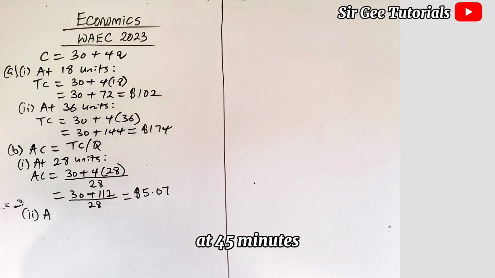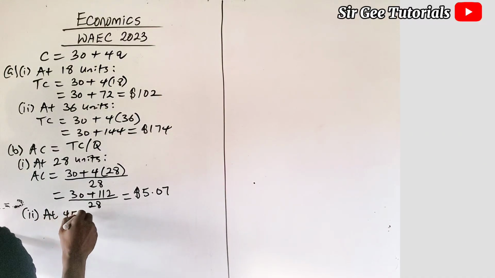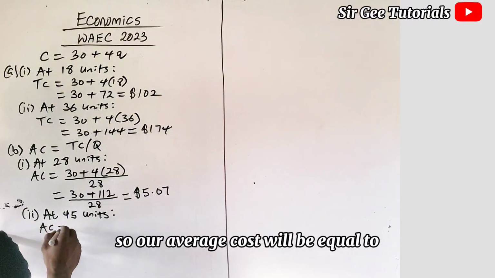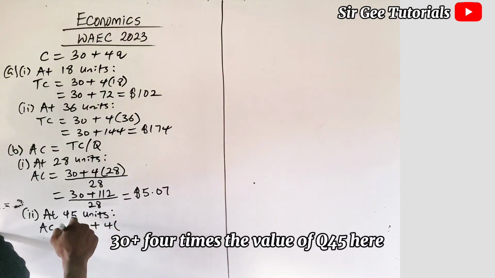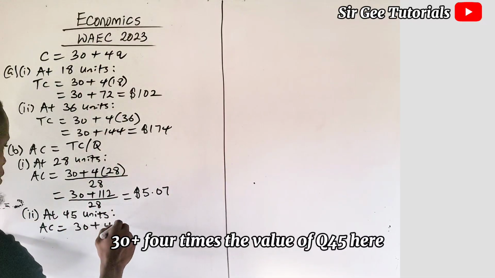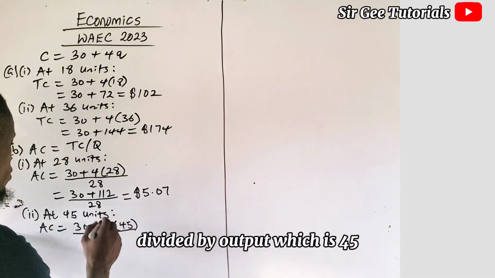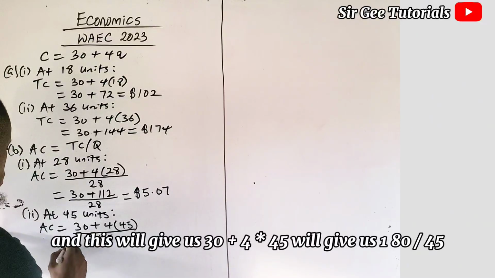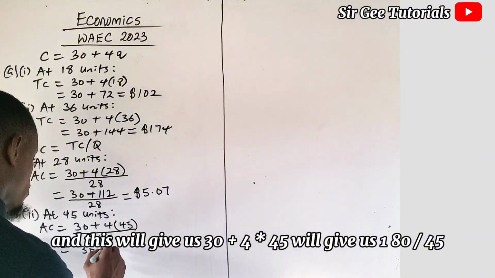At 45 units. So our average cost will be equal to 30 plus 4 times the value of Q, 45 here, divided by output, which is 45. And this will give us 30 plus 4 times 45 will give us 180.